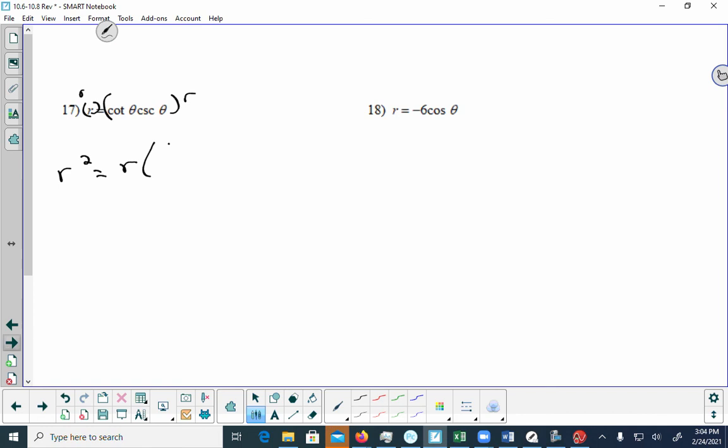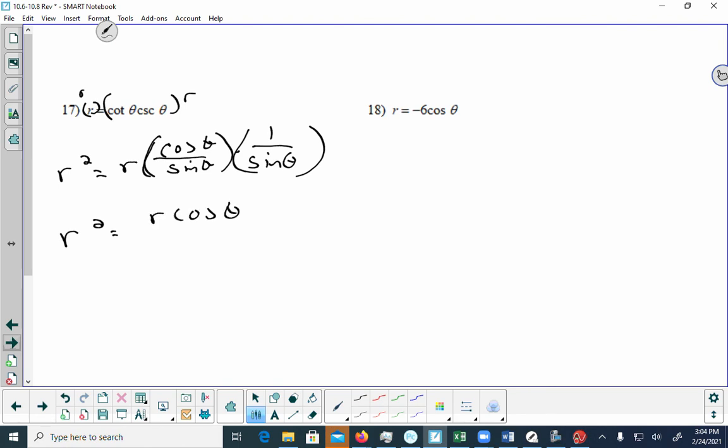I'm going to make cotangent cosine over sine times 1 over sine theta. And this is all times r. So when I do that, I'm going to have r squared is equal to r cosine theta over sine squared theta.